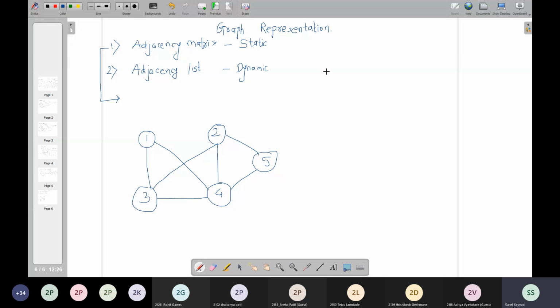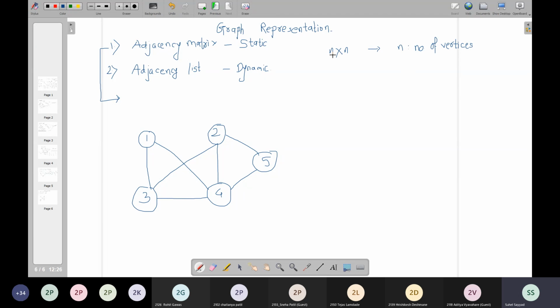The adjacency matrix for this graph will be of size n by n. What is n? n is the number of vertices in my given graph. How many vertices do I have in my graph here? I have 5 vertices.